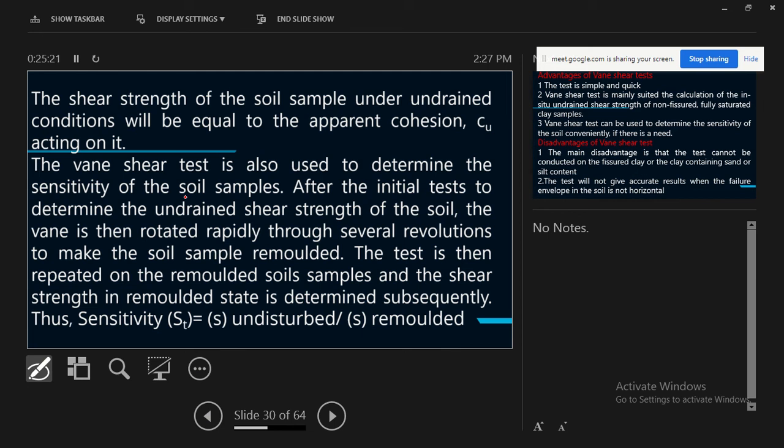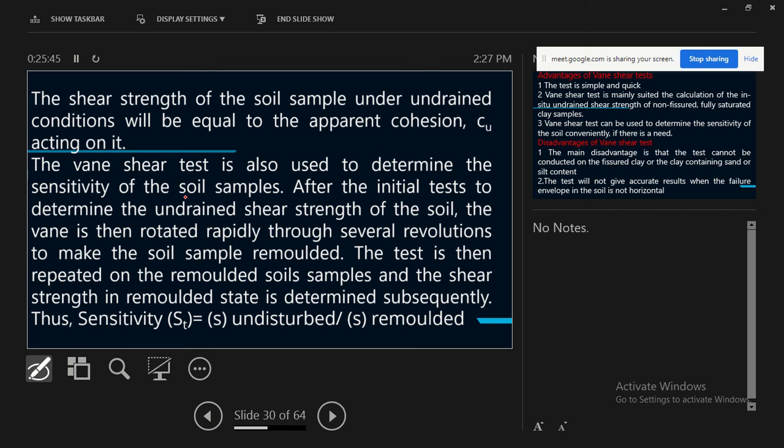Then you can rotate several times. In the process of the Vane Shear Test rotating, it is disturbing the soil. And after you do that several times, you take the strength again. That would be the remolded shear strength. You compare the two. That is what is called sensitivity.